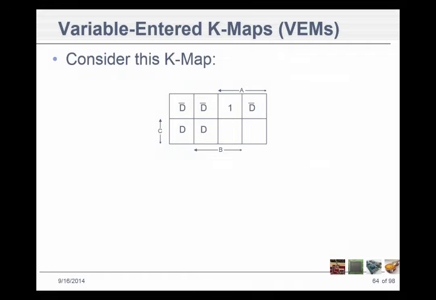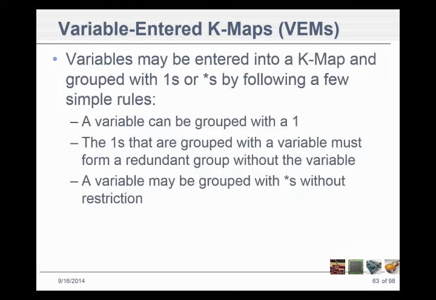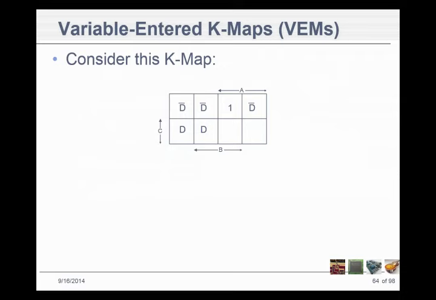Here's 3 not D's and 2 D's and a 1 in that map. The D and not D are not the same, so they cannot be combined. But one of the rules was that a variable can be grouped with a 1. So I can have a group at the top that is that whole row, and I can have the 2 D's grouped together.